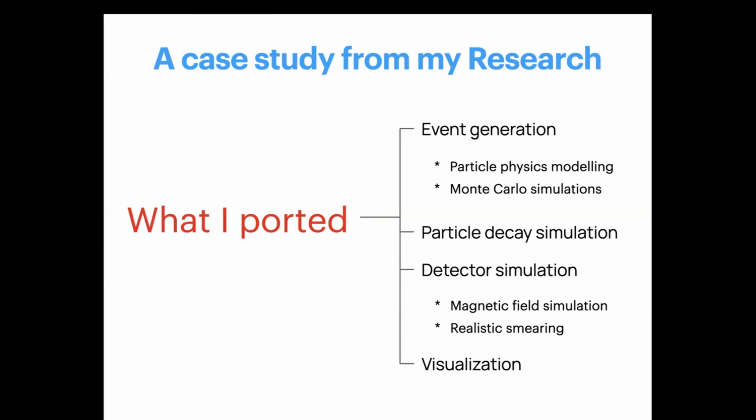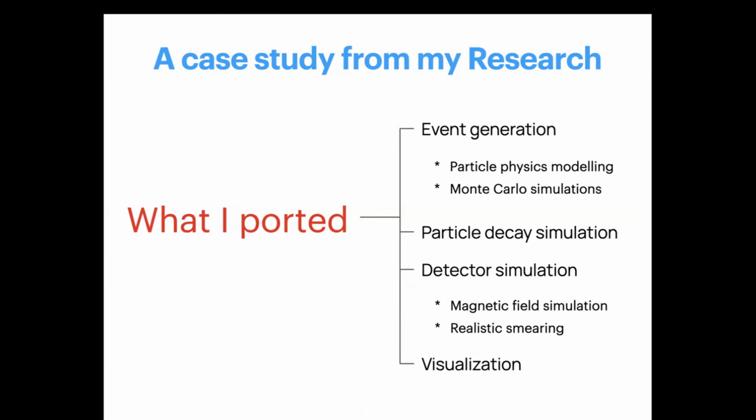What I ported are these four sets of modules. First is the event generation, which is one of the heavy parts of the code, where we do a lot of particle physics modeling and use Monte Carlo simulations to produce these particles. Once these are produced, we decay these particles and study only the particles which reach the detector.